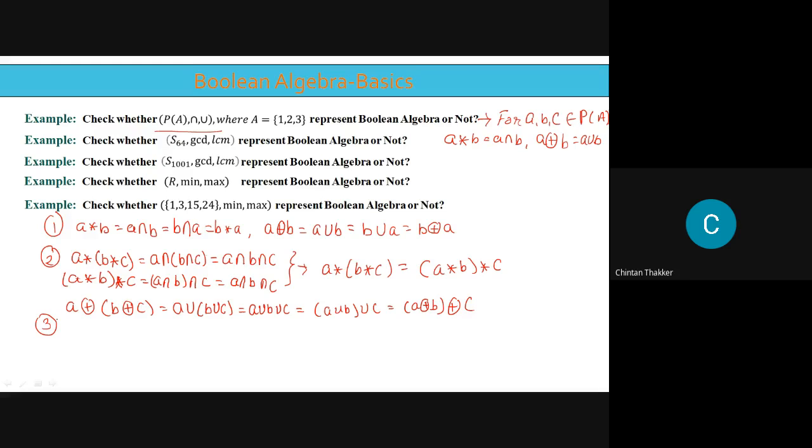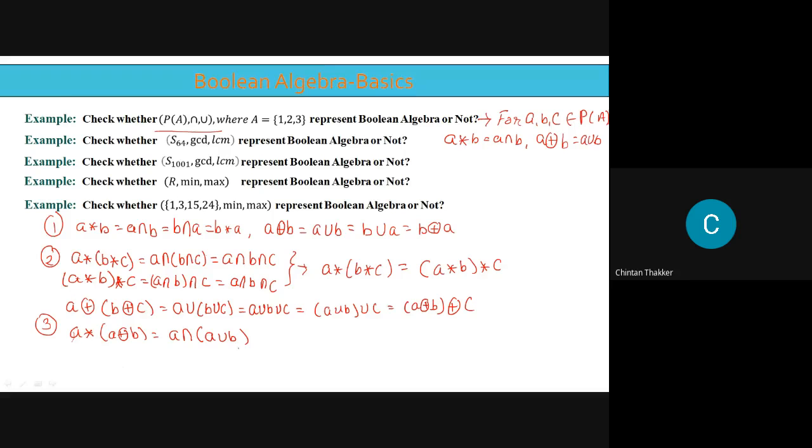Then third property, absorption law. So we have here A star (A ring sum B), that is equal to A intersection (A union B).